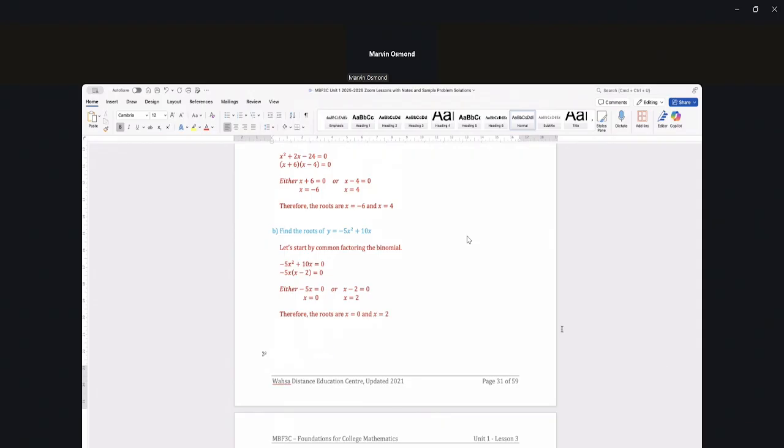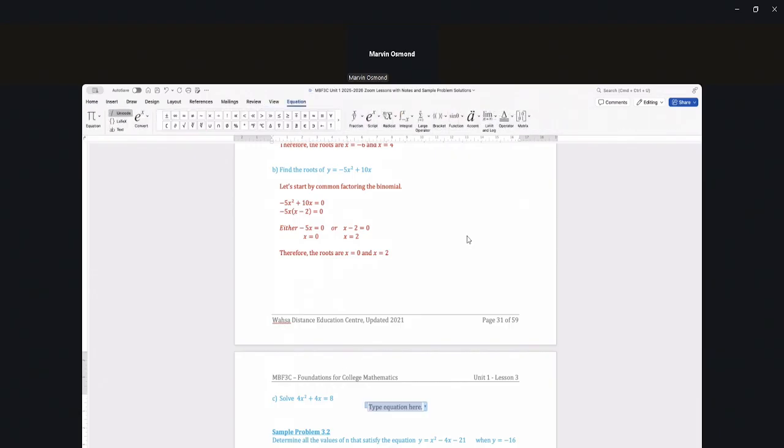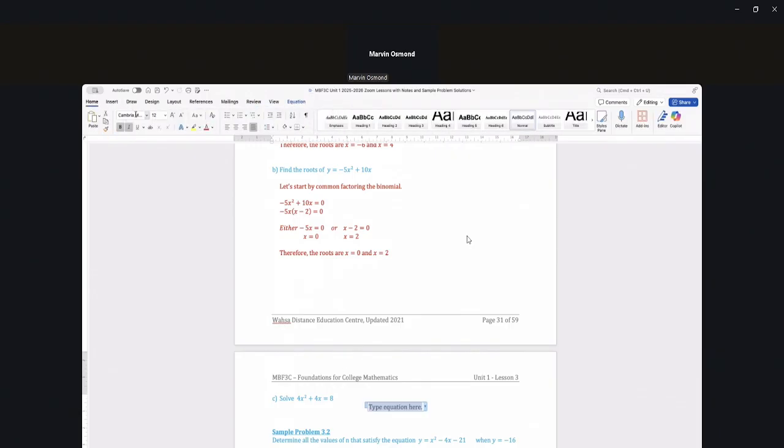Let's get it down here. So right now we have solve 4x squared plus 4x minus 8. In order to solve these, it needs to be equal to 0.